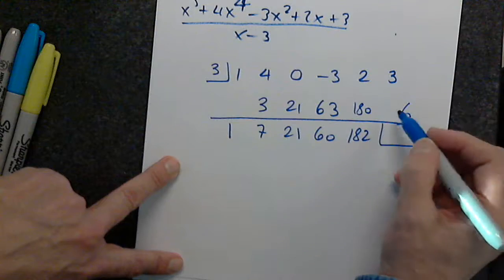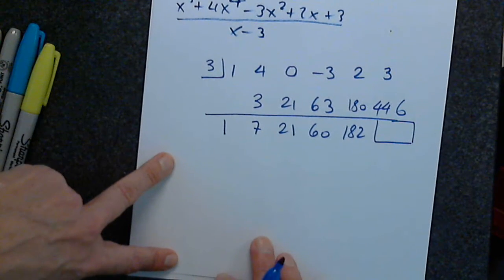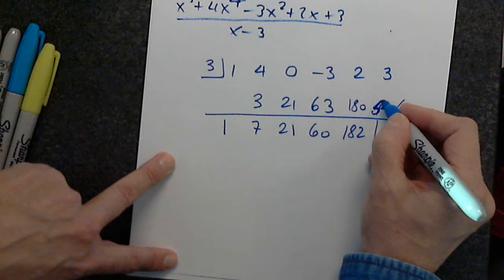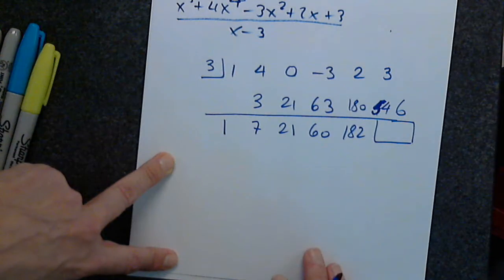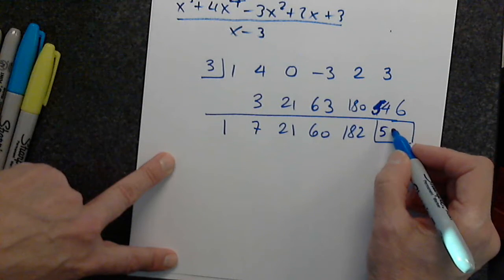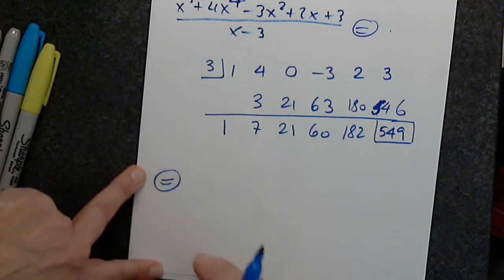So it's 6, 4, and 1. So what is the remainder? 5. Yes, thank you. So what is the remainder? 549. So what is the degree of the quotient?